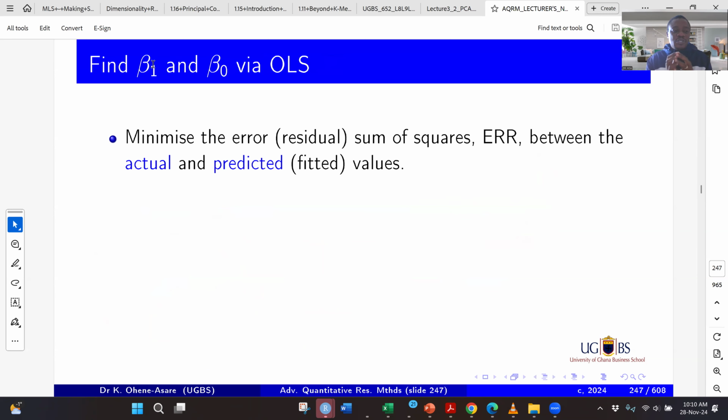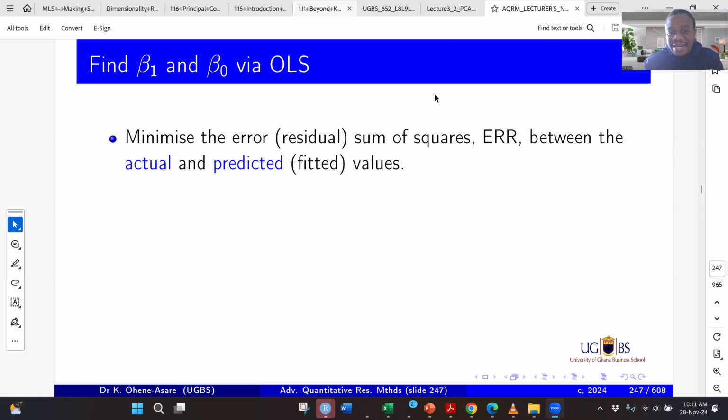So we are going to use some beautiful mathematics to find the beta parameters. Please pay attention because this might be a little bit abstract at this stage. So we're going to minimize the residual, the error, but we are minimizing the sum of the squares. So first you must have an error, sometimes you call it ESS.